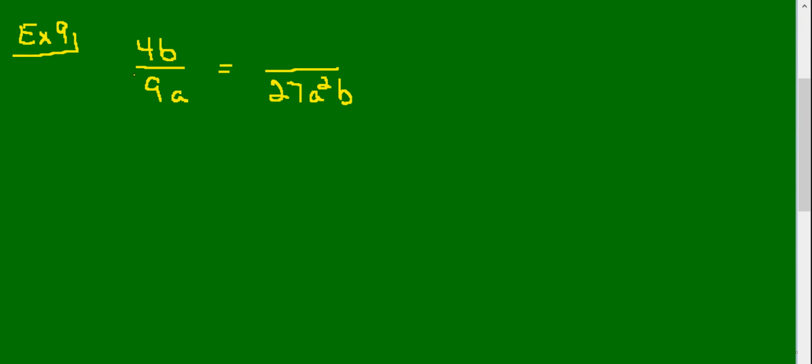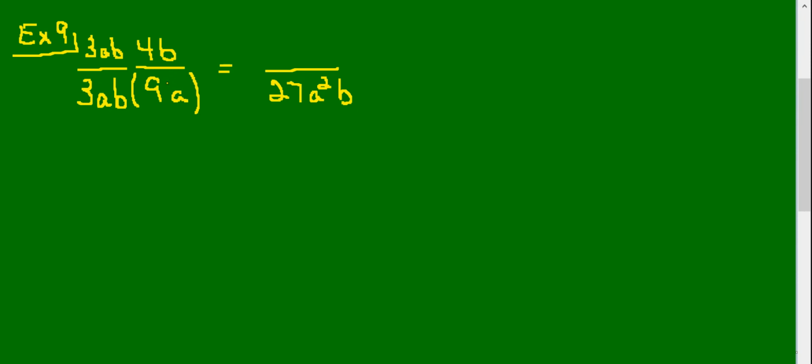Well, 27 divided by 9 is 3. I'd give it another a and a b. And what I do to the bottom, I have to do to the top. So I'd have to multiply this by 3ab, top and bottom. Okay, we're good with that.